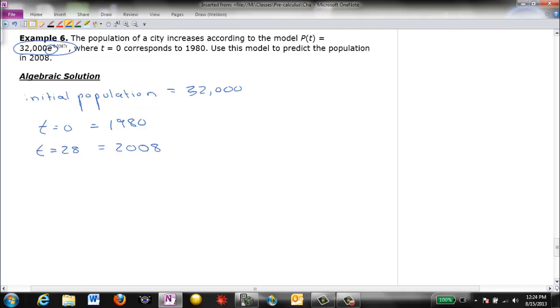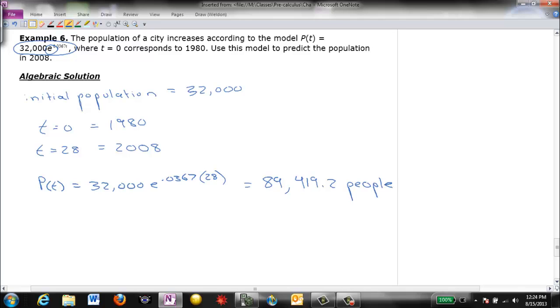I'm going to enter in this information. The population of this city, P of t, is going to be equal to 32,000 times e raised to the 0.0367, and instead of putting in a 0 to get my 32,000, I'm going to put in 28 years. So 28 now represents t. When I do this calculation, I get 89,419.2 people.